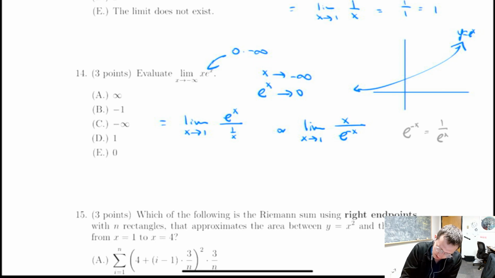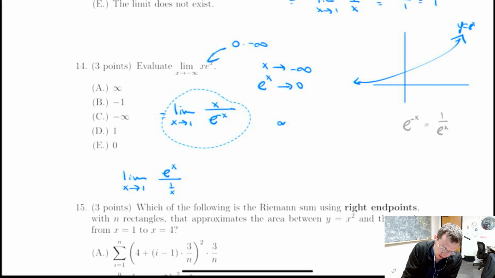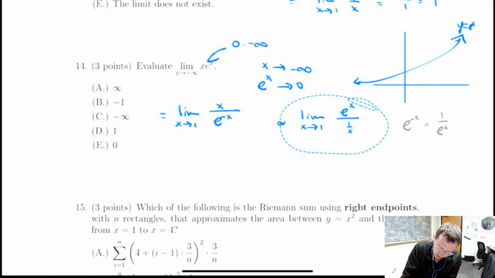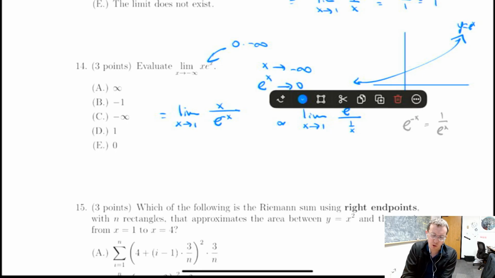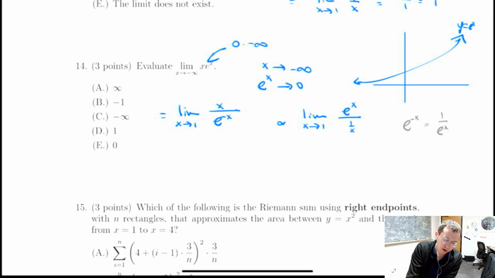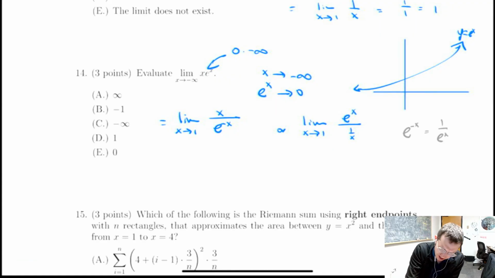One of these looks much more appealing to me, because I just have a feeling that since this one has an x and that one has a 1 over x, this one is going to get simpler. Whereas when I differentiate this, I'm going to get a minus 1 over x squared.